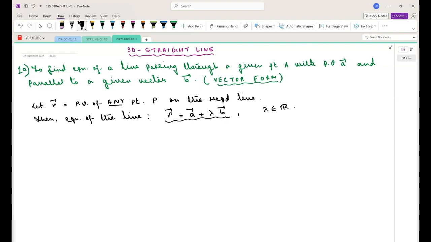Okay. Now, this was the vector form. Now, what will be the corresponding equation in the Cartesian form?